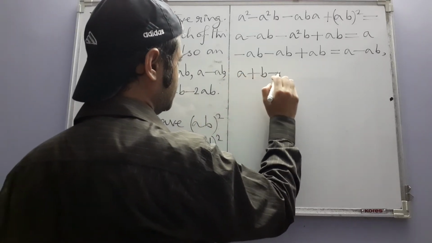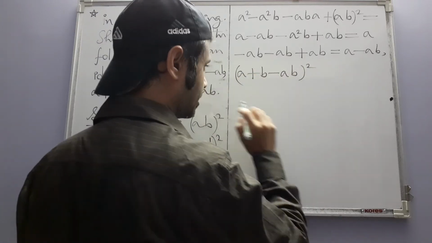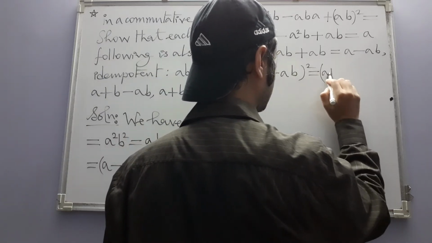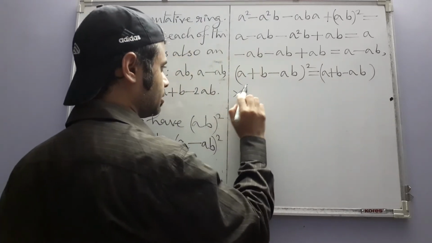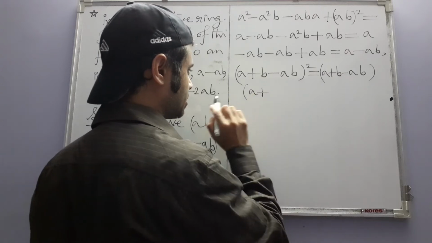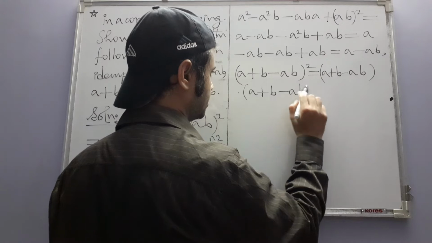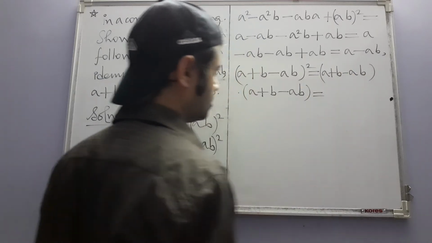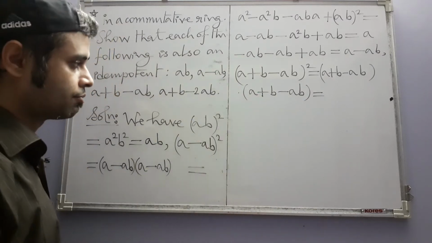A plus B minus AB square, this is equal to A plus B minus AB times A plus B minus AB. Just simply write this. So first we multiply all these terms by A from the left side.